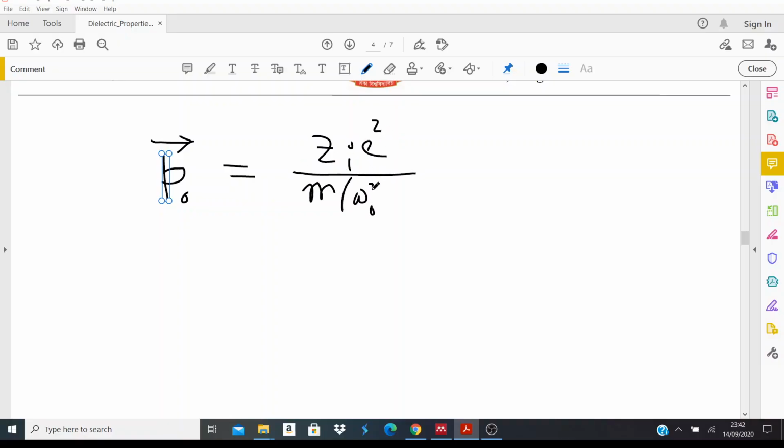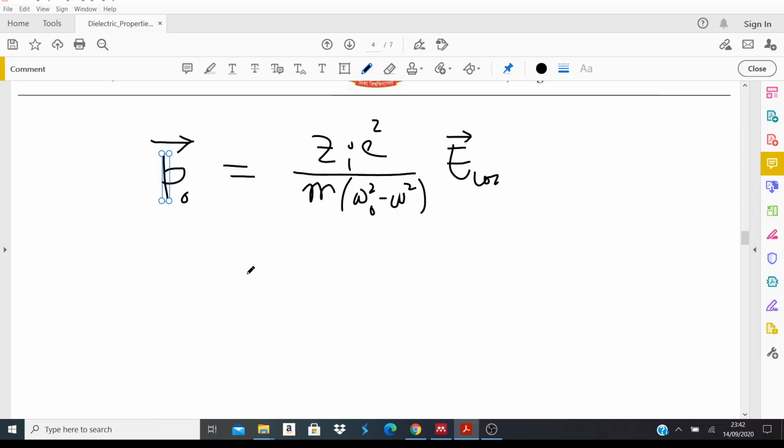So let me write down the expression on this side. The atomic dipole moment is nothing but Z e square divided by the mass of the electrons times this factor times the local electric field, right?